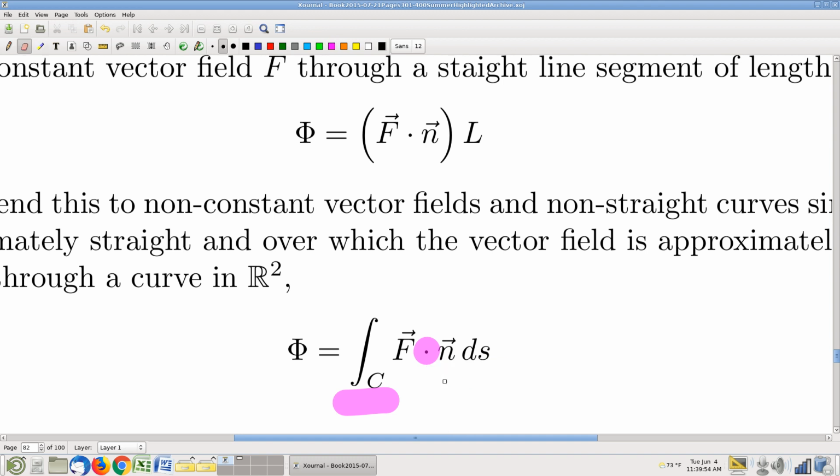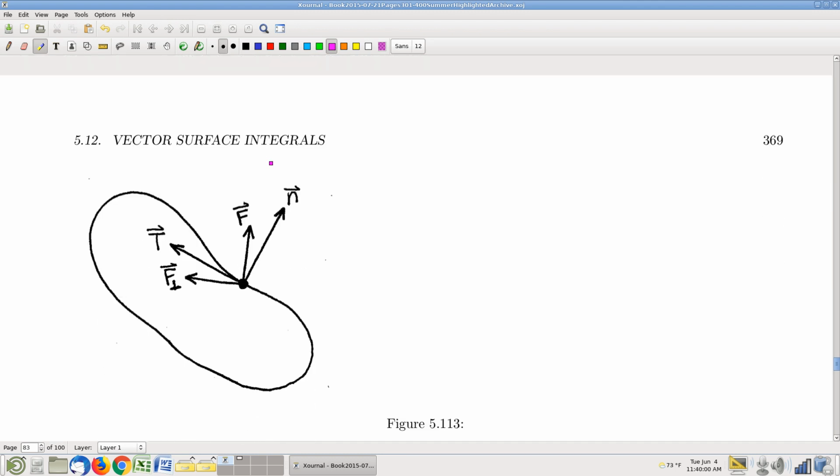Okay, so the way we deal with this is a clever little observation, and that is as follows. If you have a piece of curve, here's a piece of curve like this. Let me use a different color.